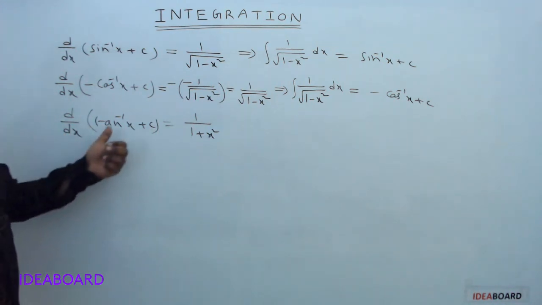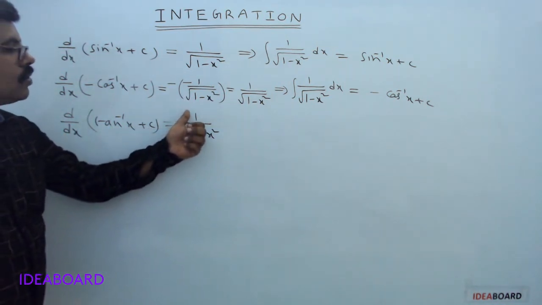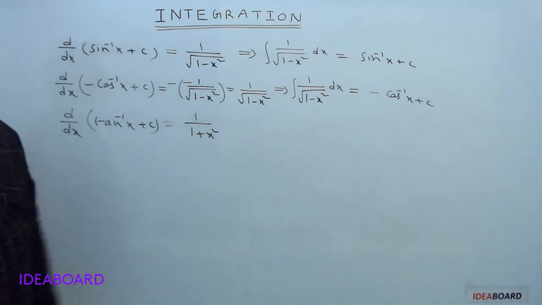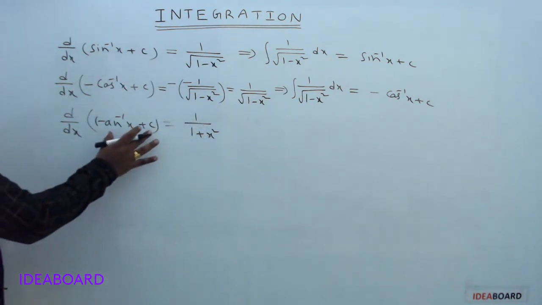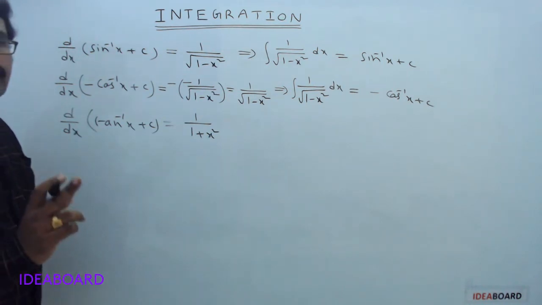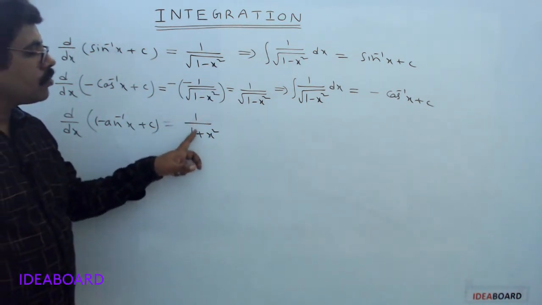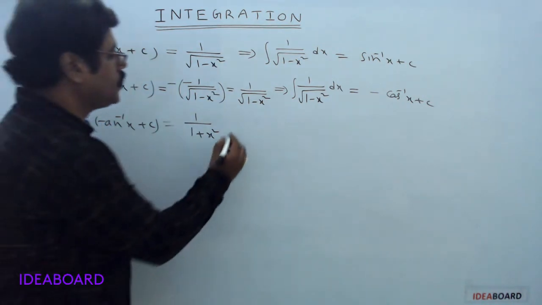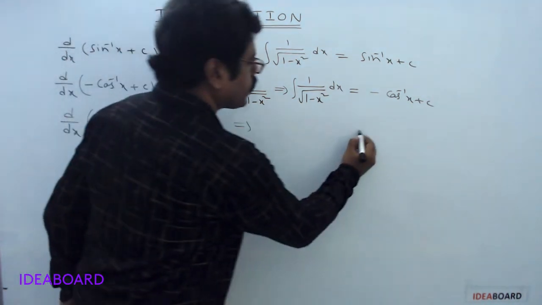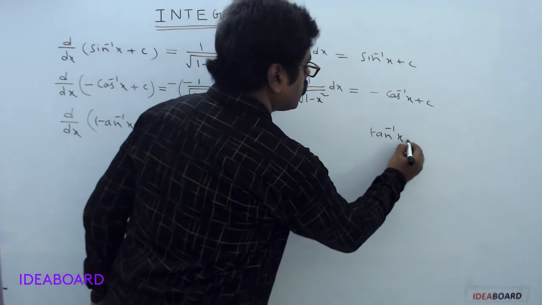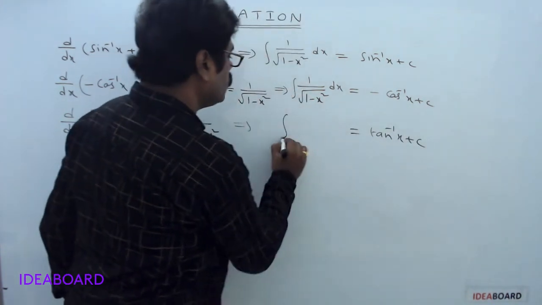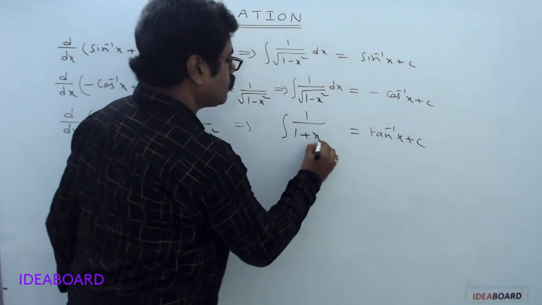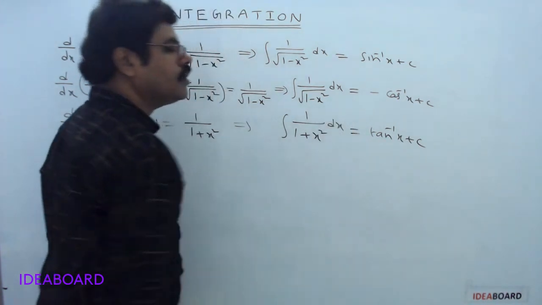If derivative of tan inverse x plus c equal to 1 upon 1 plus x square, then tan inverse x plus c is called integral of a function 1 by 1 plus x square with respect to x. It can be written as tan inverse x plus c equals to integral 1 by 1 plus x square dx.